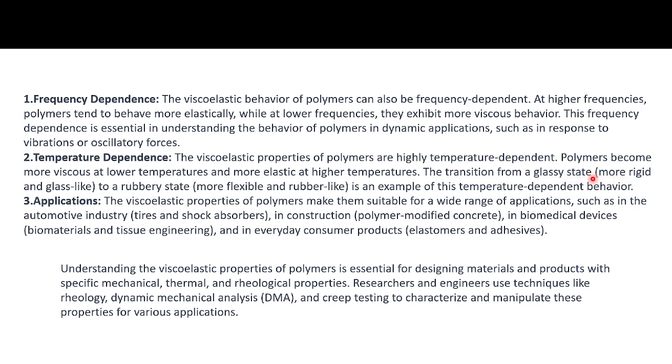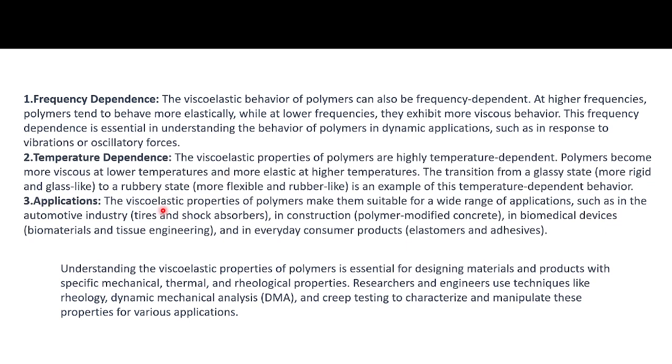So below Tg the polymer is rigid and glass-like, and above Tg the polymer is in a rubbery state, which is more flexible and rubber-like. This is an example of temperature-dependent behavior in viscoelastic polymer material.